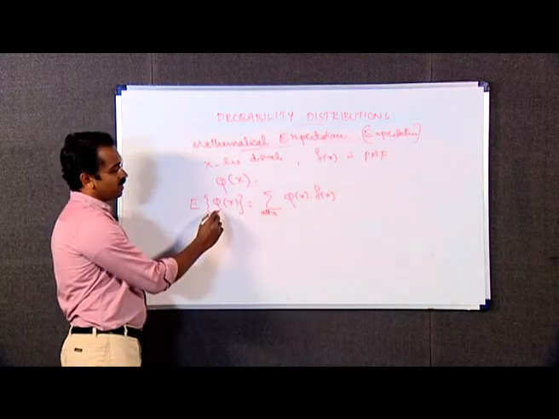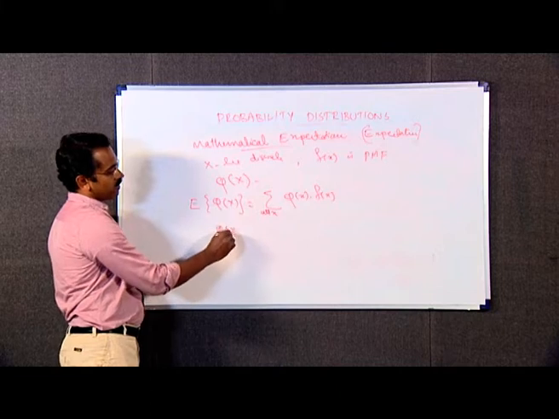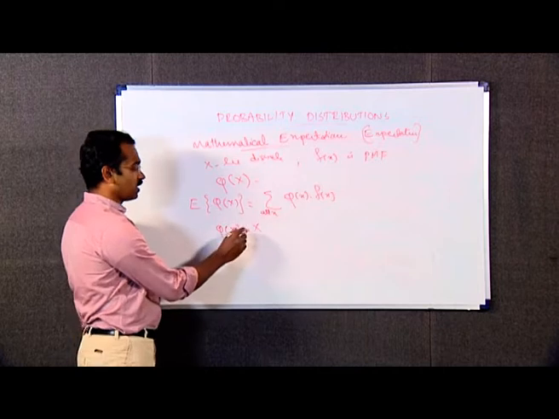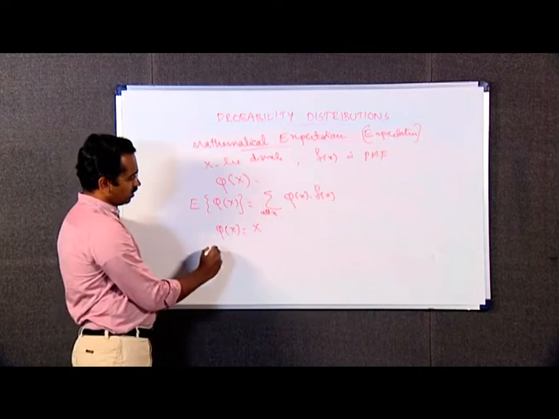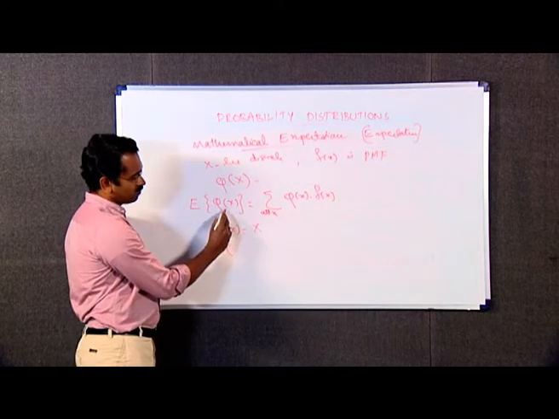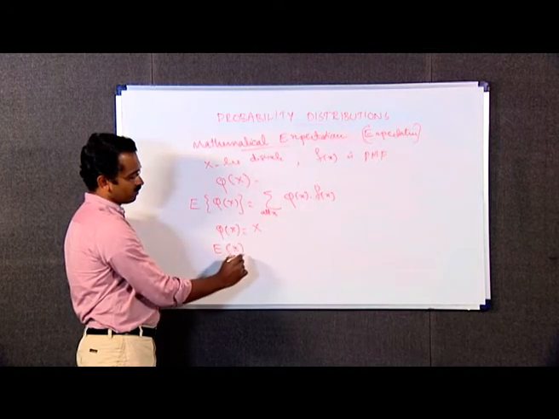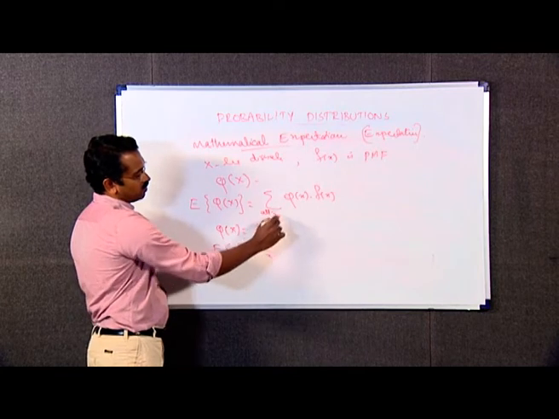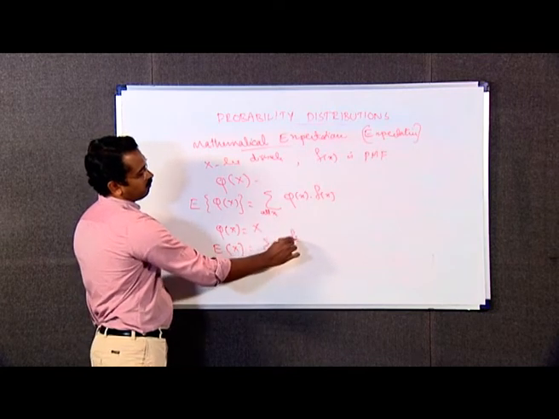Here, if we take phi(x) equal to x, that is the identity function, then the expectation of phi(x) will become the expectation of x, which is equal to the summation over all x, x into f(x).